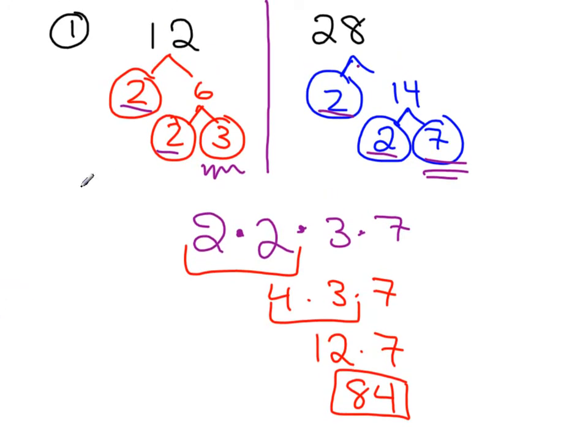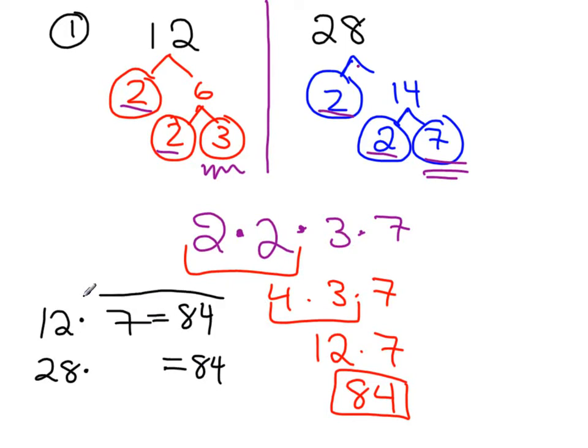What that means to us is we could take 12, times it by something, and it'll get us 84. So 84 is a multiple of 12. We could also take 28, times it by something, and that will get us 84. Actually, we could see these quite easily. 12 times 7 we already did. We know that's 84. But look at your prime factorization.